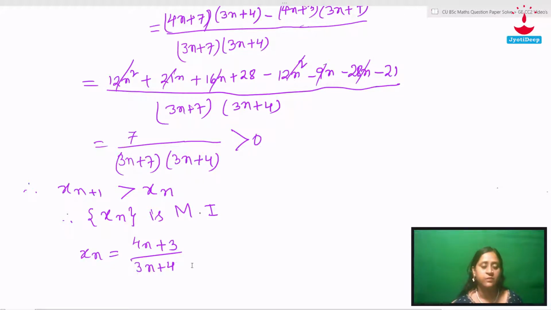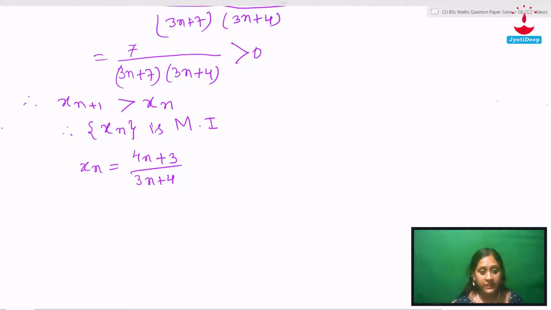Okay. So we can write sequence xn as, for n equals 1, we will get 4 plus 3, 7. 3 plus 4, 7. That means 7 divided by 7, 1.